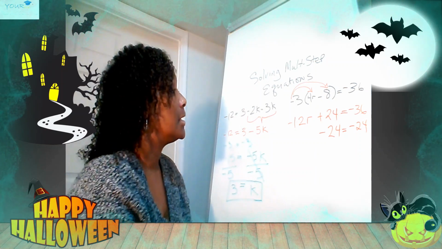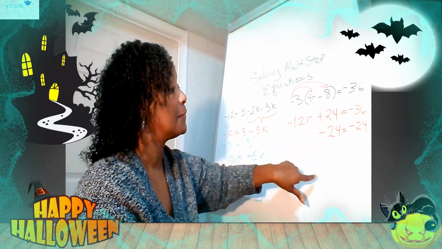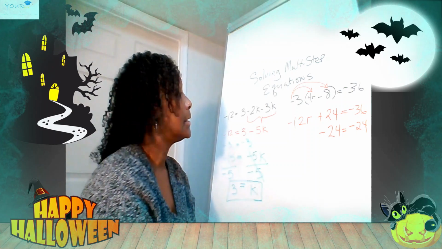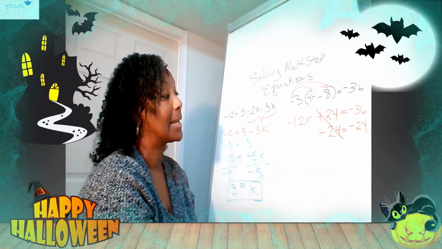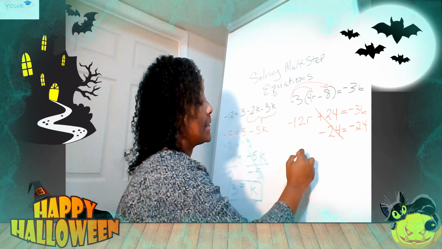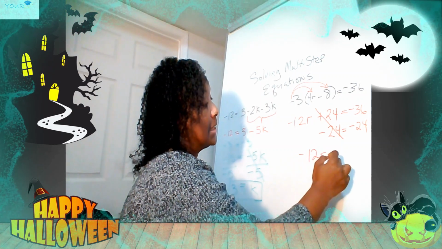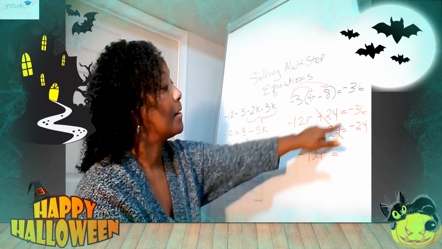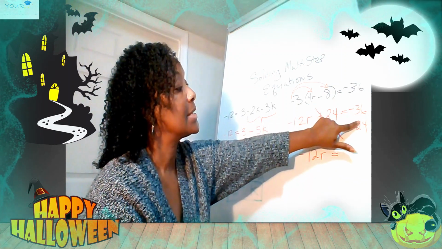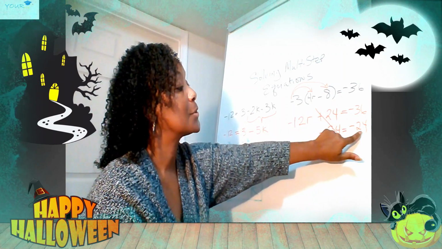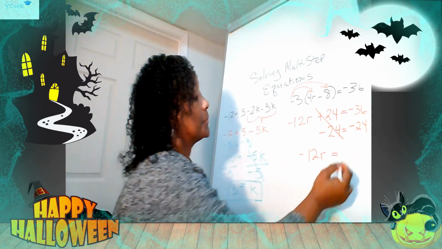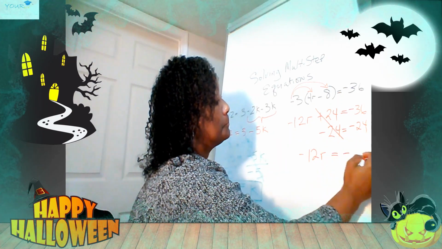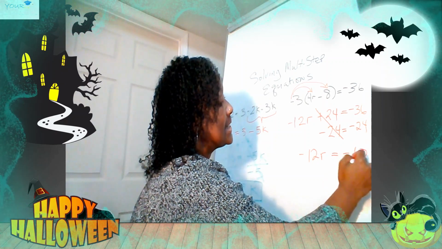So now I have a positive 24, a negative 24. That allows me to cancel out my 24s on my left side, leaving me with a negative 12r equals, and now I have a negative 36, a negative 24. So I know that I'm going to add, and that's going to give me negative 60.